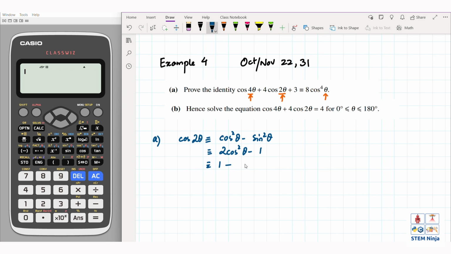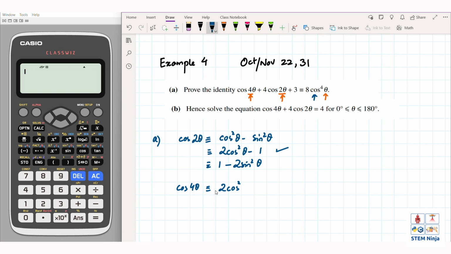It could also be written as 1 minus 2 sine squared theta. Now, since we have to go into the cosine, let's select this one. Similarly, cos 4 theta, we can select it according to this one.